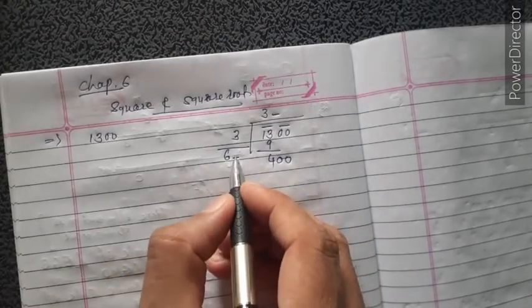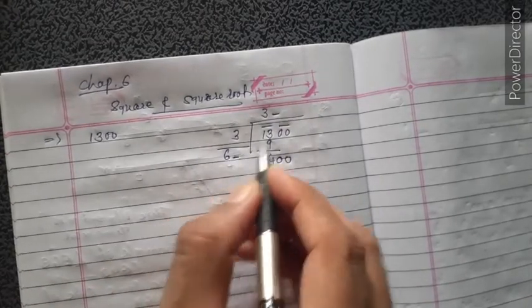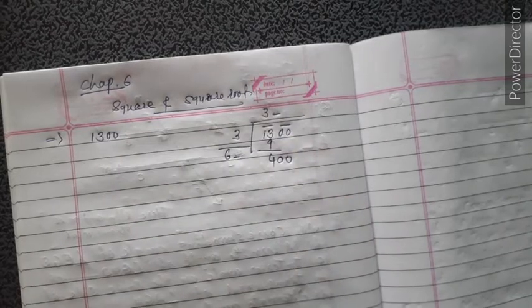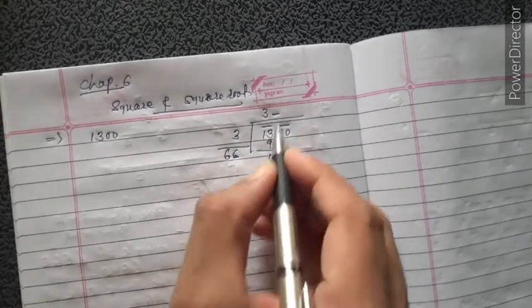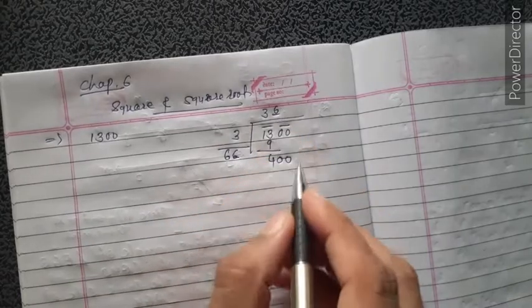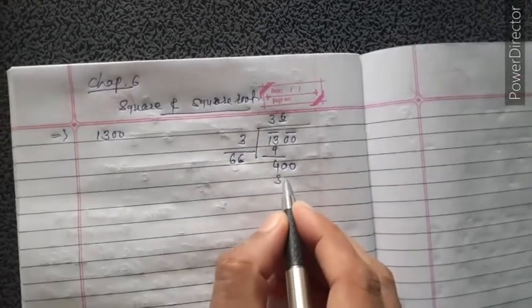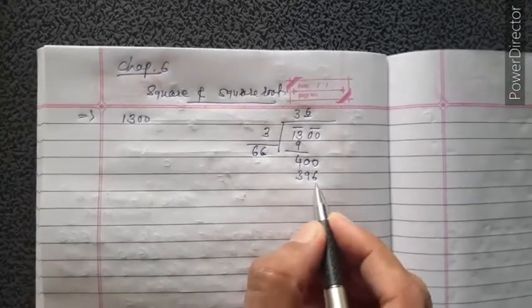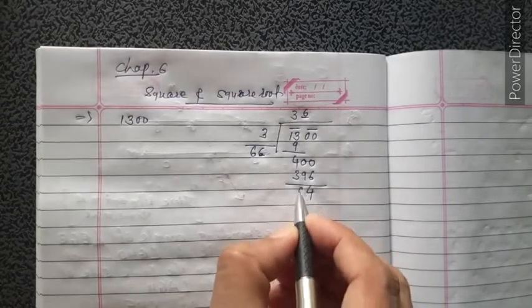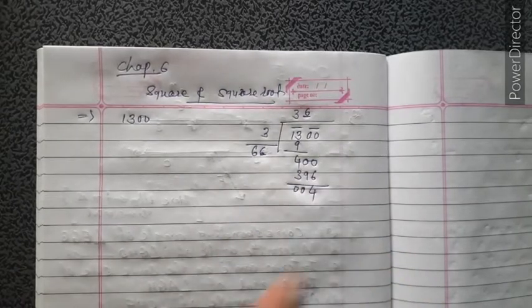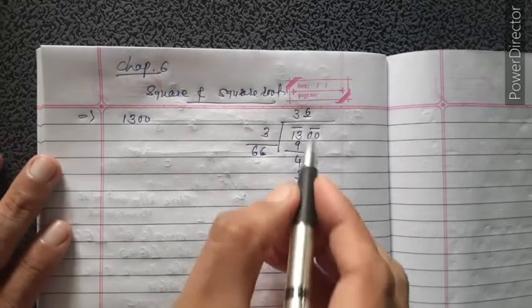Now here 6, and here you put a number such that the product is less than 400. Directly I put 6 and 6, because 66 times 6 is 396, and the subtraction gives 4.